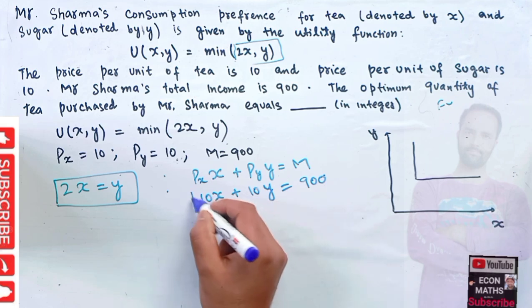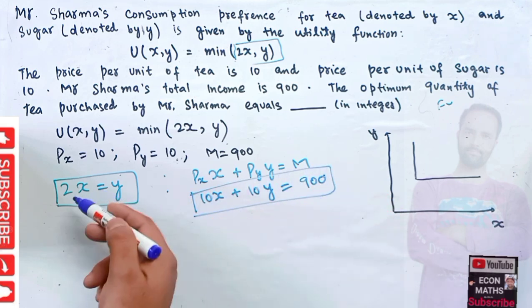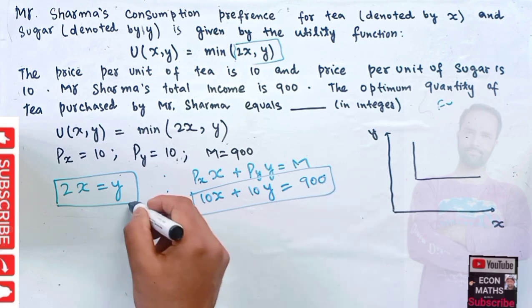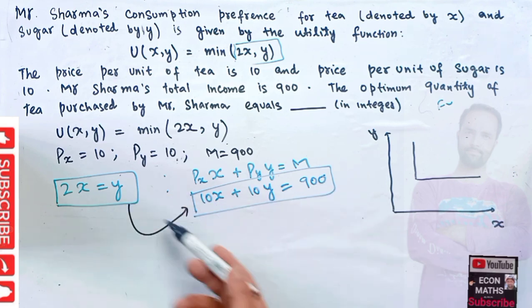To solve the min function, we just need to equate the terms in the brackets and put those values into the budget function.